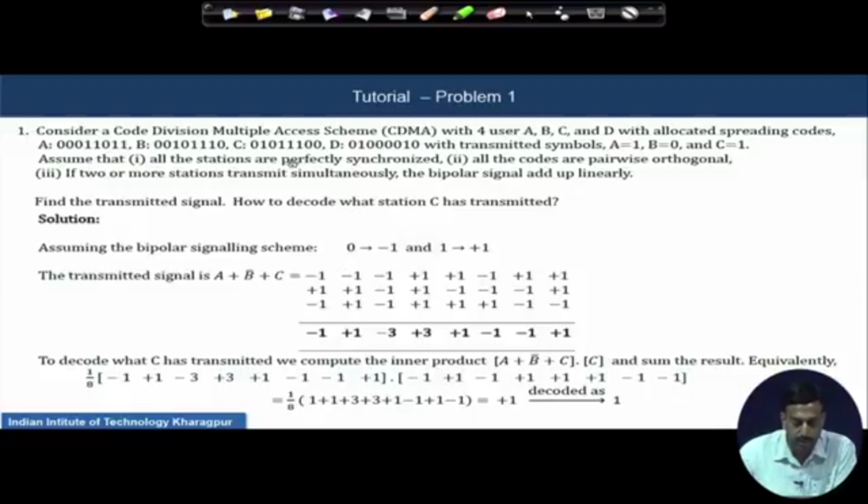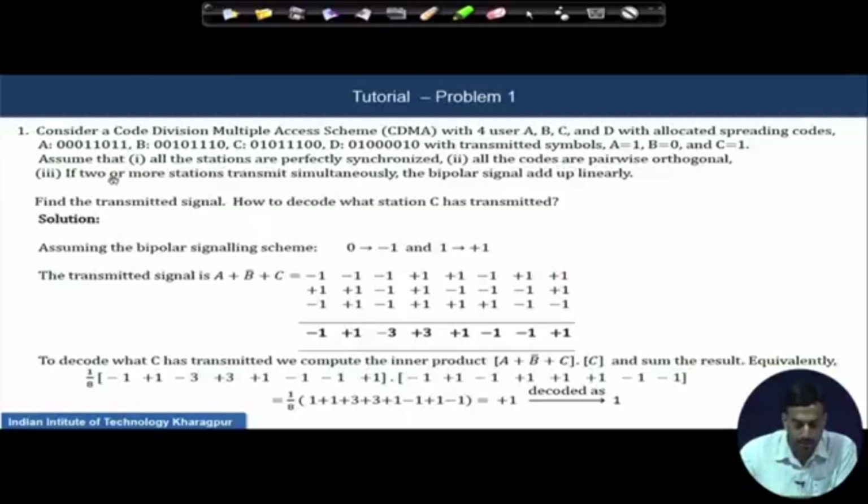simplicity, we shall assume that all stations transmit at the same time, and at the receiver, the received signals from these stations are also synchronized. Secondly, we assume that all codes are pairwise orthogonal.